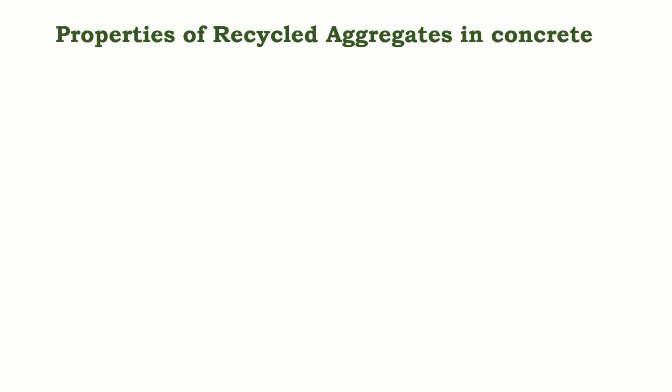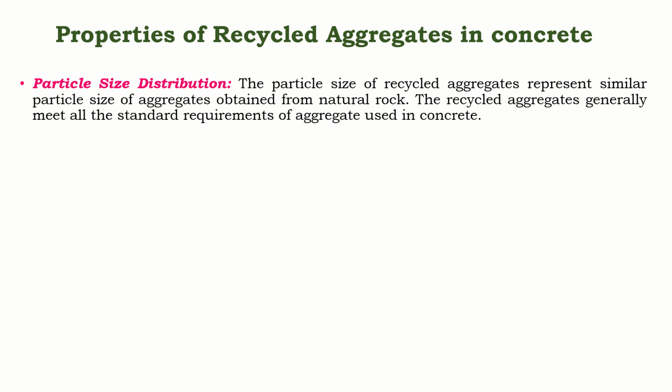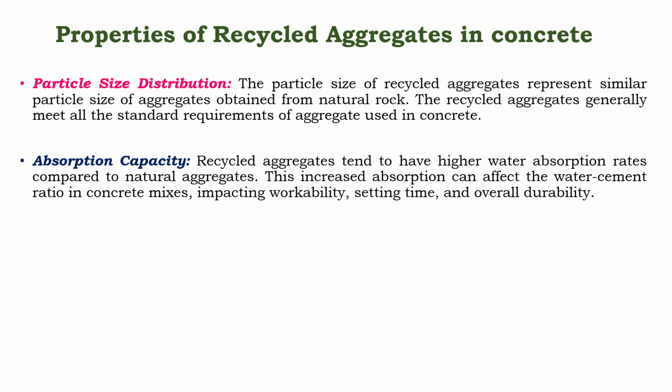Coming to the properties of recycled aggregates in concrete, the first thing is the particle size distribution. The particle size of recycled aggregates is very similar to natural aggregates obtained from natural rock, that is the crushed stone, and hence recycled aggregates meet all the criteria specified for natural aggregates, and can be used as an alternative for natural coarse aggregate.